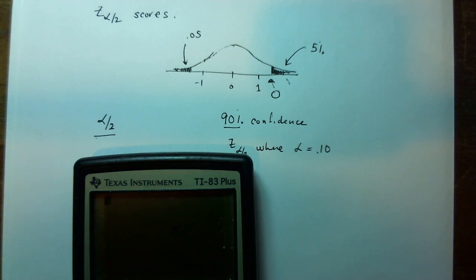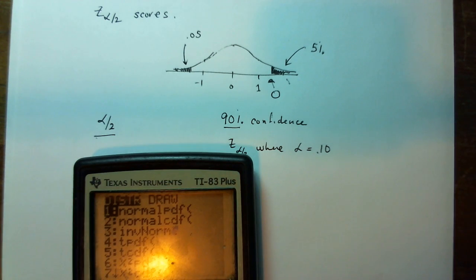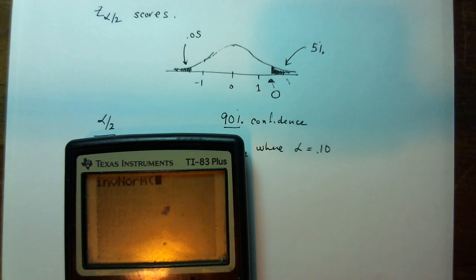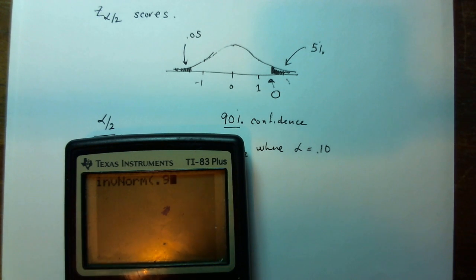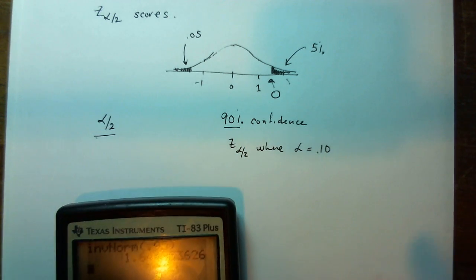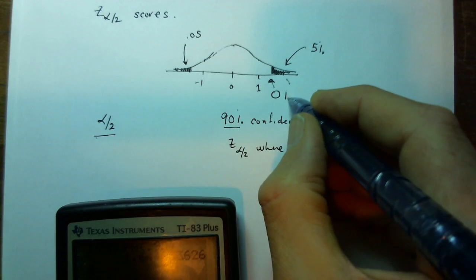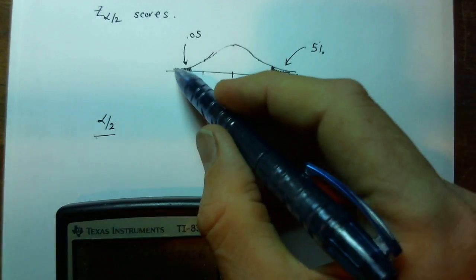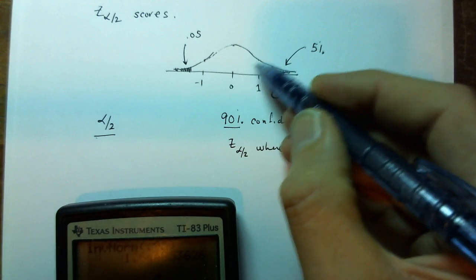So into my calculator I go, I hit second distributions, and because we're looking for a normal distribution, I'm going to take the inverse norm. If I go the inverse norm for a 95%, I get 1.645. This point here is the point 1.645. What the calculator told me is that it figured out that point where this entire area is 95%.